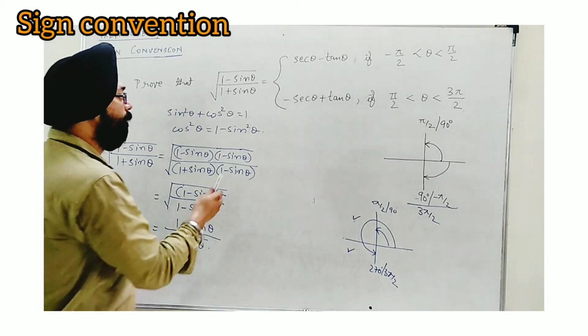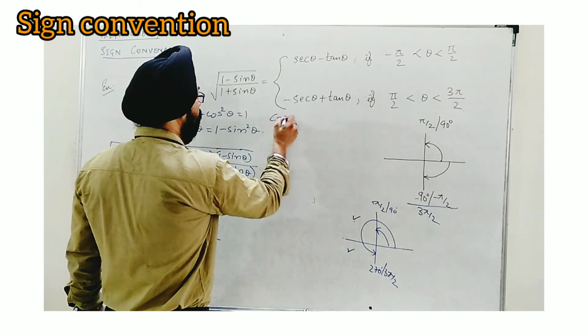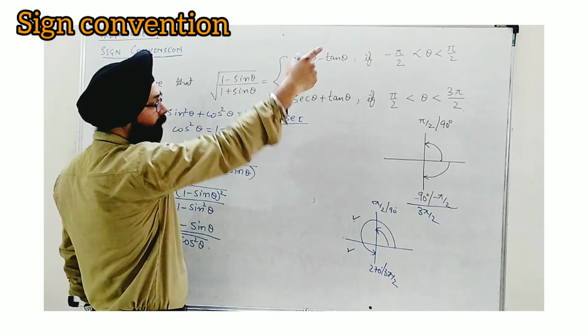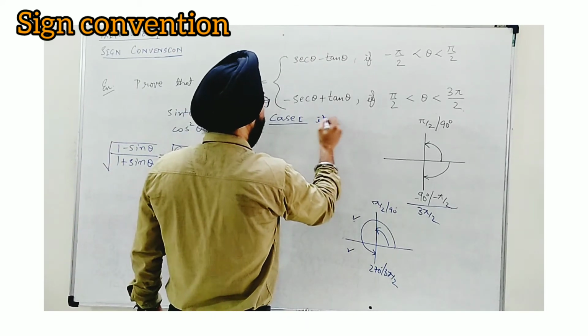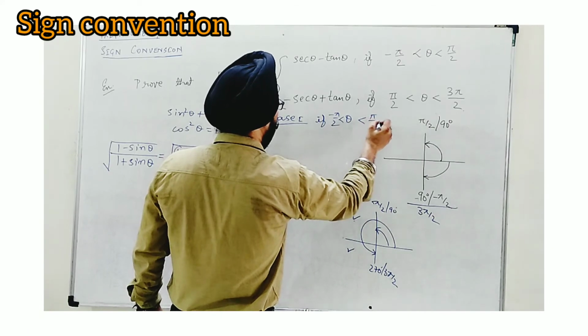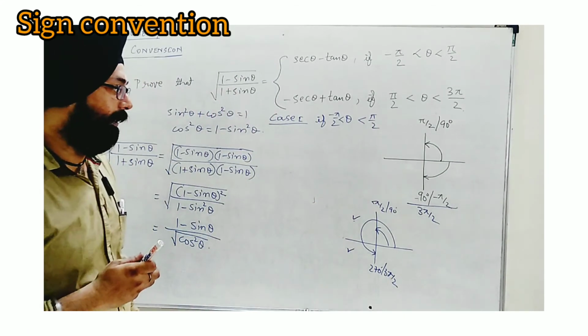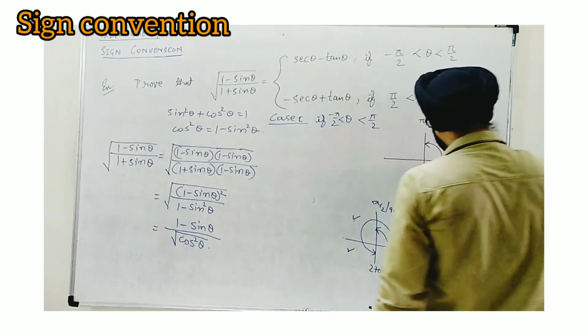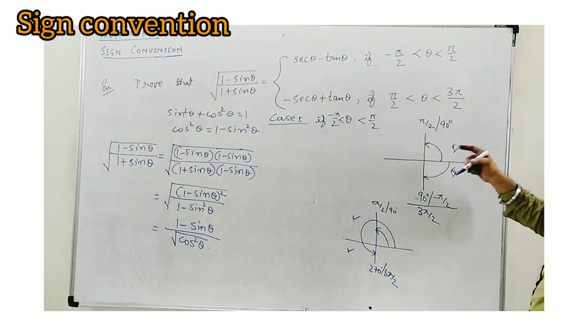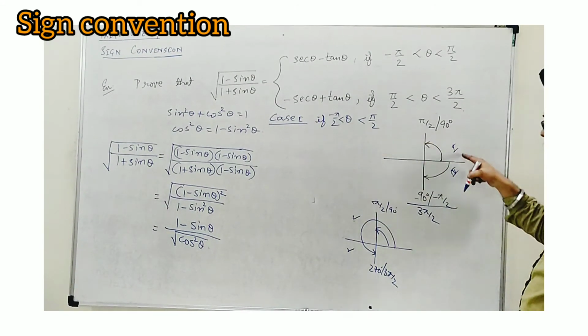Let me explain. Case 1: if theta lies between minus pi by 2 and pi by 2, means minus 90 and 90. I have already told you it is in the first quadrant and fourth quadrant. So theta lies in the first and fourth quadrant.